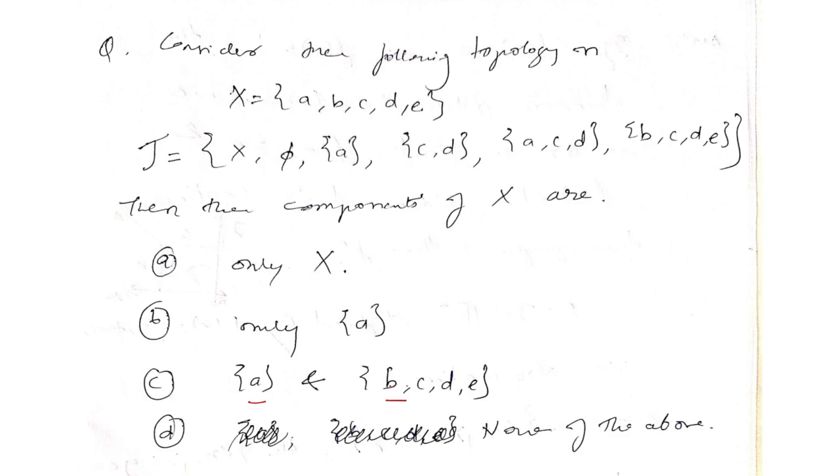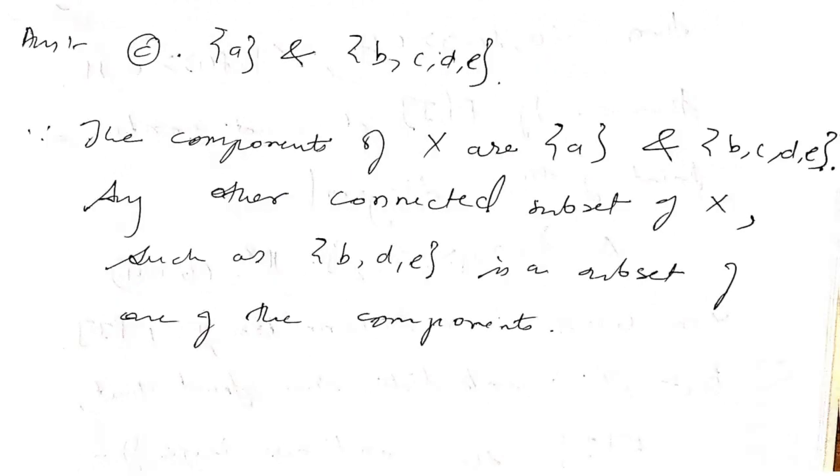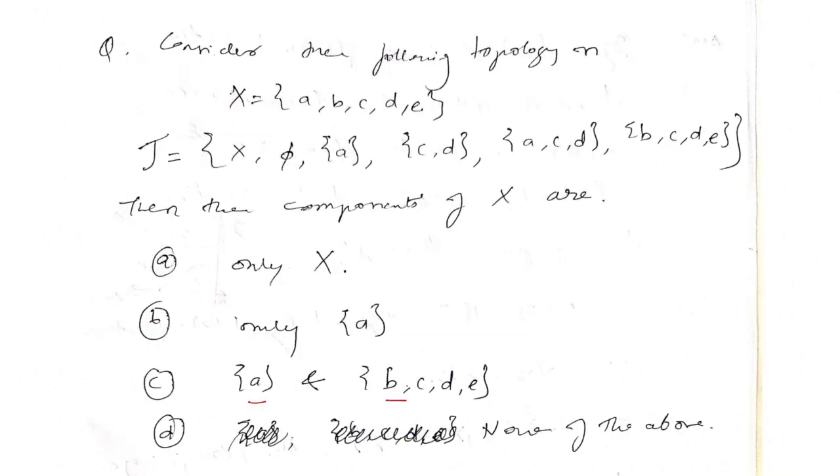So singleton {A} and {B, C, D} will form the components because any other connected subset of X such as {B, D} and all these are subsets of one of these components. Fine. So these are the largest connected subsets of X.